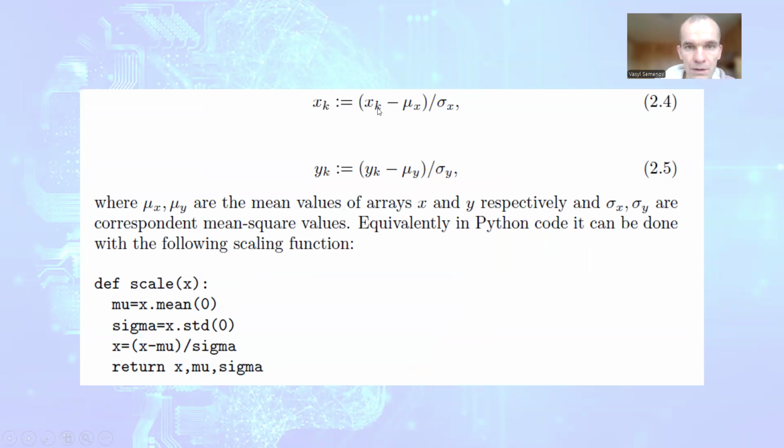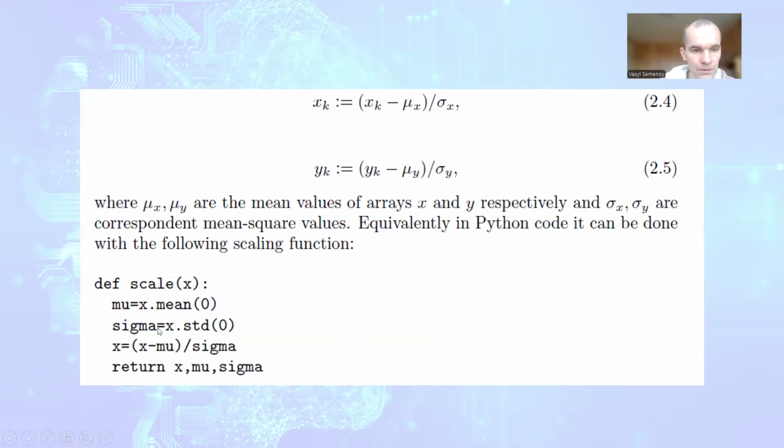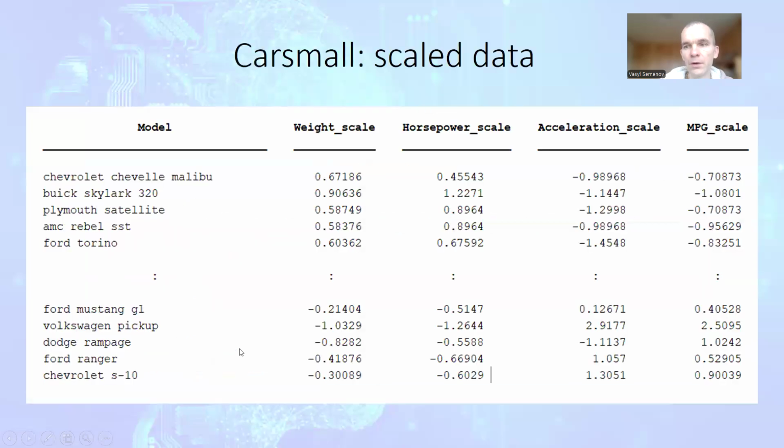So X is now X minus mu X divided by sigma X, and correspondingly the target variables Y are similarly scaled. This can be done with a simple Python function as shown here. We calculate the mean value, subtract it, and then divide by sigma, the standard deviation. And our data now look in this way.